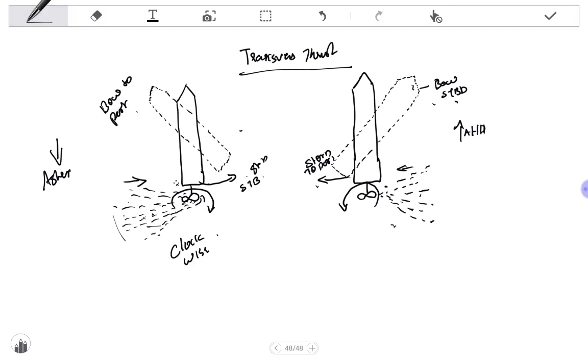I will make a table here. Ahead, astern, left-handed propeller, right-handed propeller.